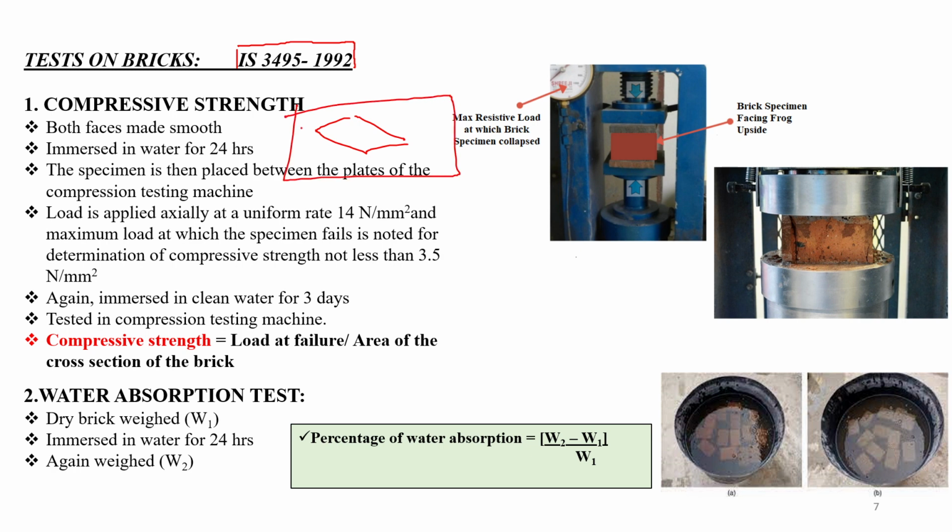So one frog is there, and if we directly apply the load, this frog area will not take any load, so we have to fill this frog using mortar.